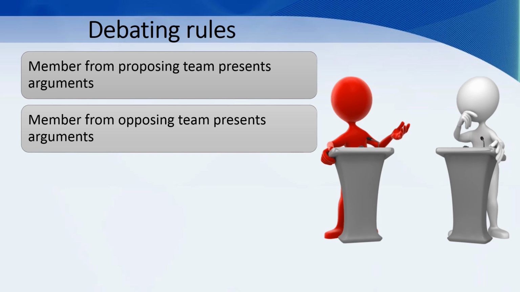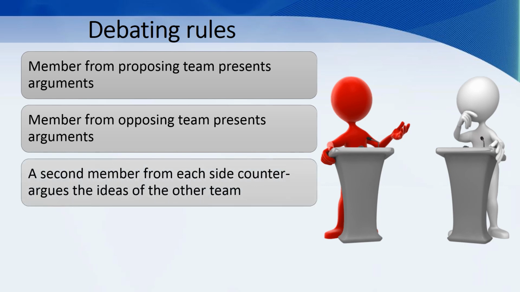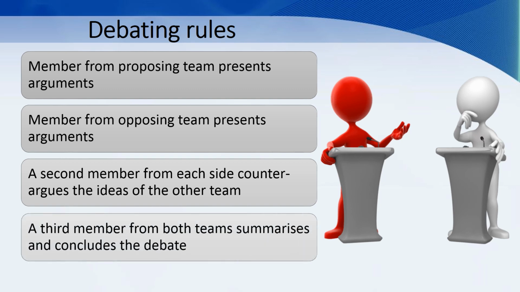Having listened to arguments of the proposing and opposing teams on the motion, a second team member from each side presents further arguments to counter argue the ideas of the other team. After having refuted the arguments of each team, the third team member from each side summarizes and concludes the debate. This signals the end of the debating time.